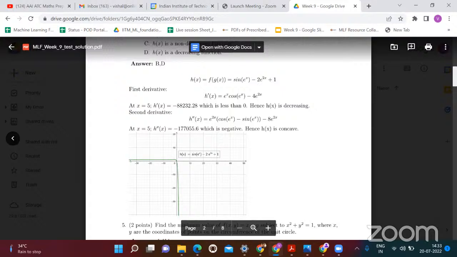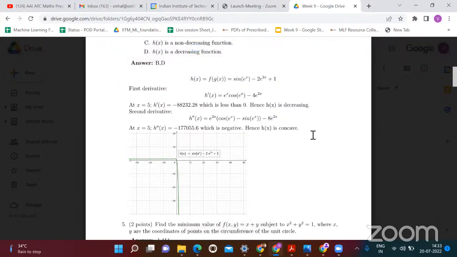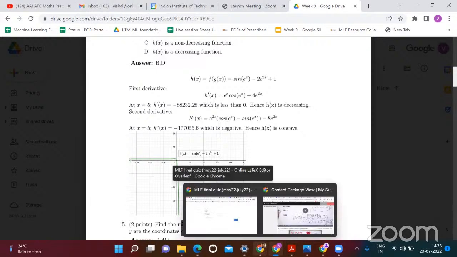Can you repeat that? Yes, sir. The answer will not change. The answer will still remain the same, but the differentiation is wrong. After differentiation also, there's not much difference in that value.